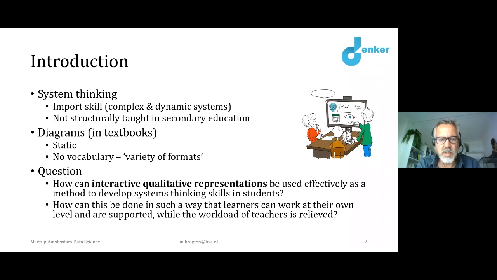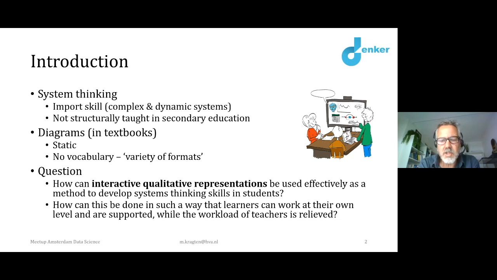With that in mind, we get to the question for this project: how can interactive qualitative representations be used effectively as a method to develop system thinking skills in students? System thinking as a generic skill, but in the meanwhile, they also learn about topic-specific systems, for instance, testosterone regulation, or something about force and motion in physics.